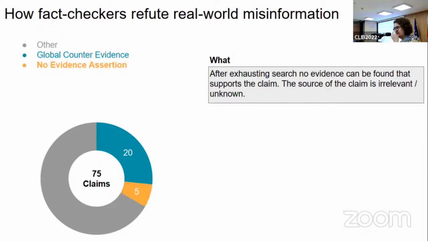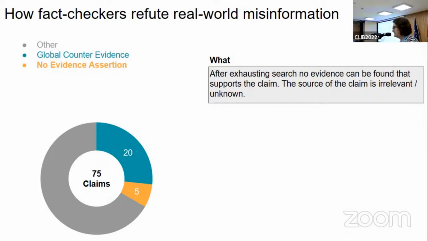The second portion of the claims that we analyzed is the no-counter-evidence assertion. It's the opposite of what NLP models assume. Not even fact checkers were able to identify any counter evidence, so no counter evidence can be found. Again, in this category, the source of the claim is not needed.